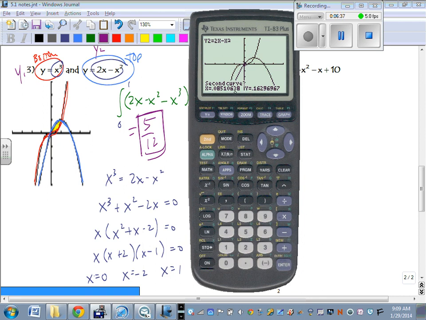Second curve goes to my y sub 2, I'm going to hit enter and guess, enter one more time. And it tells me intersection points at 0, 0. So we know A is 0. Then to find the other one, do the same thing, second trace, intersect. And you need to move your cursor a little bit closer to this. So my first curve, y sub 1, enter. Second curve, y sub 2, enter. Enter one more time. And then it gives our intersection point.